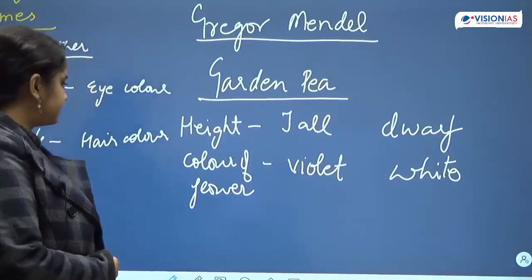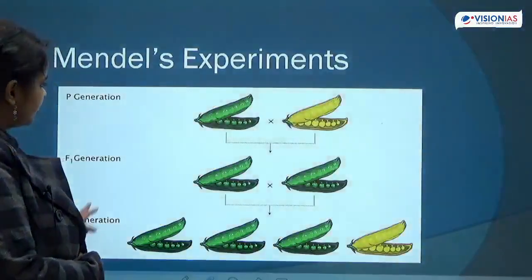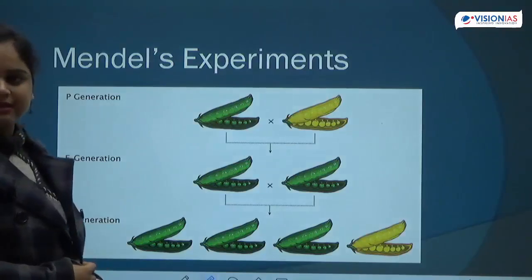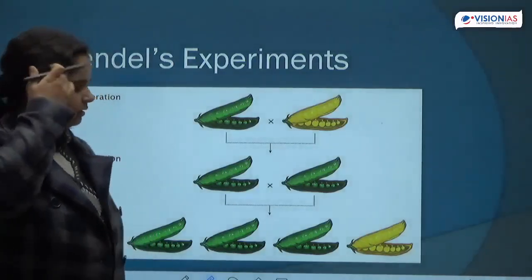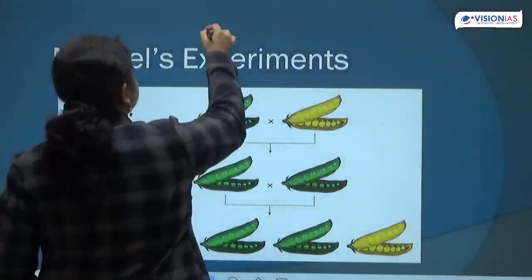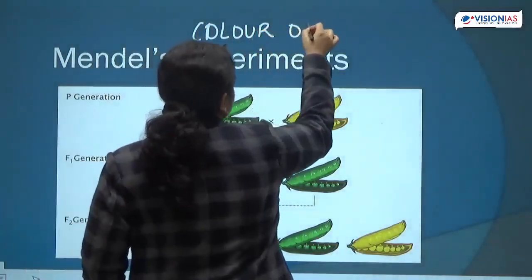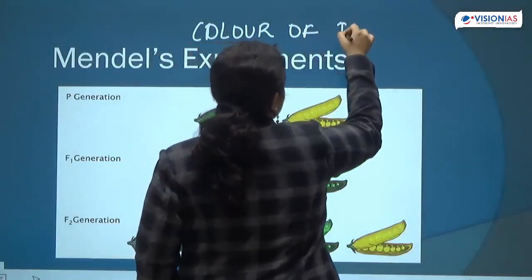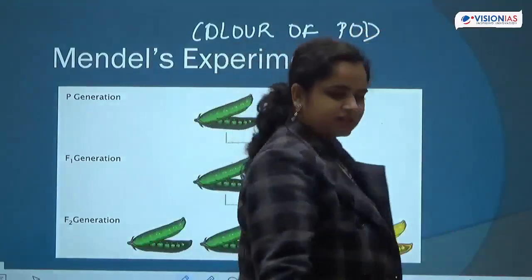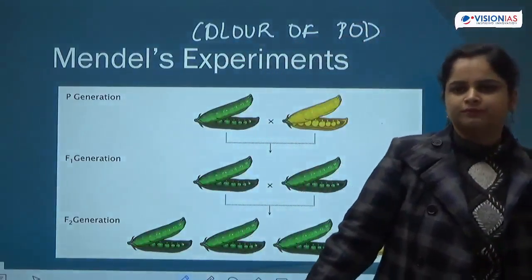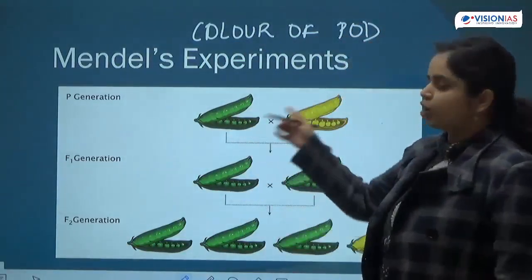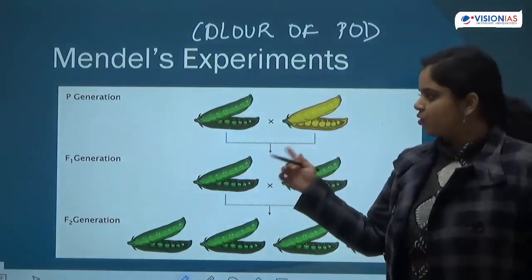I'll show you one picture to show one such trait which he studied. He studied 7 traits in total. This is on color of the pod. So pod is the outer covering, matar ka chilka, that's called the pod. So Mendel brought 2 pure varieties.